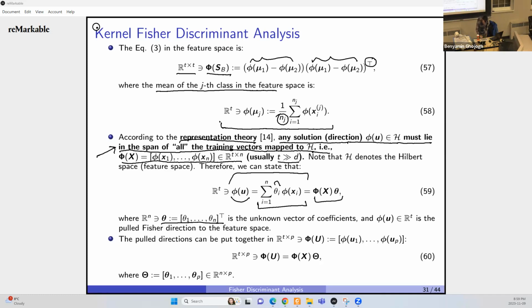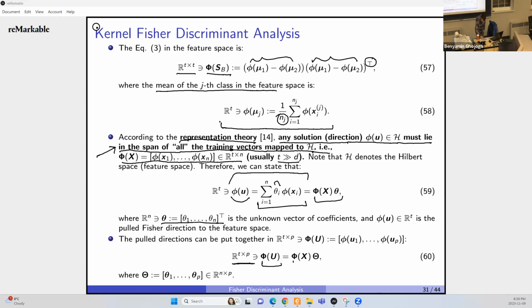So what if I have several solutions rather than one solution? I will have phi u matrix. So I have p solutions, p directions, right? P will be the dimensionality of Fisher subspace. Okay. P is less than D. So phi u is T by P then, right? It has phi u1, phi u2 until phi up as its columns.